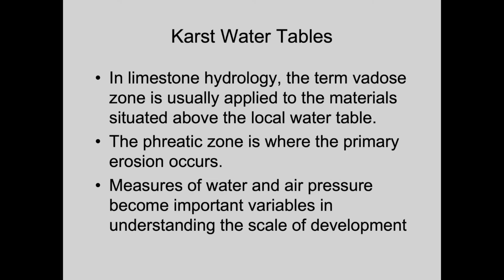Let's talk a little bit about the water table as it relates to a karst landscape. In limestone hydrology, the term vadose zone is usually applied to the rocks and soils that are situated above the water table. We will see signs of chemical precipitation and chemical weathering in this vadose zone.